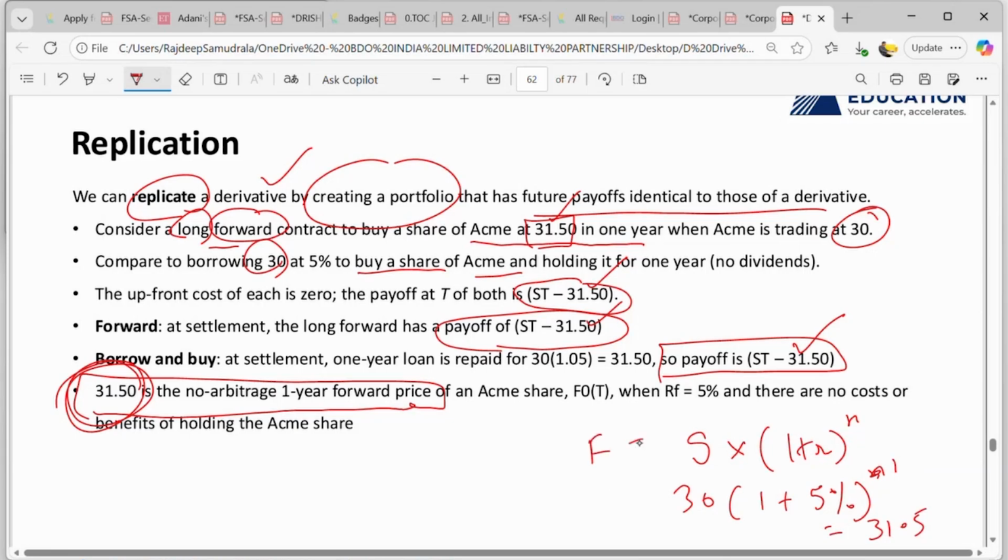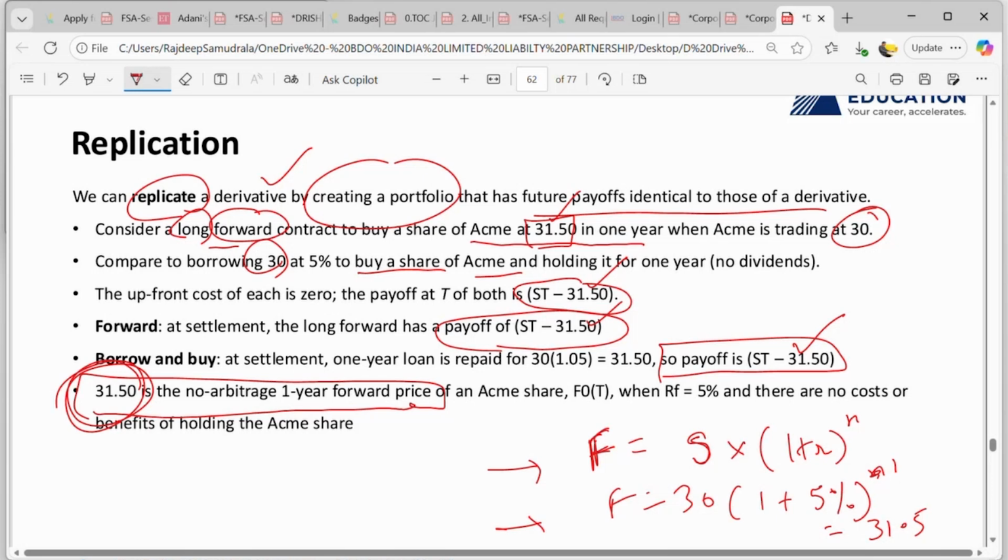So we say the theoretical no arbitrage forward price is always equal to the spot price into the (1 plus R) factor. Clear? This is how you arrive at no arbitrage forward price. Any questions?